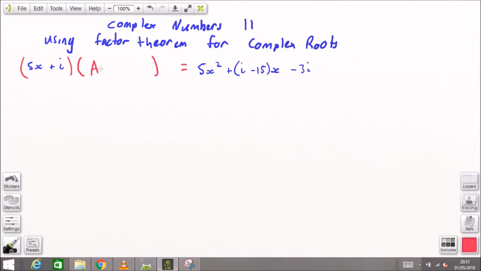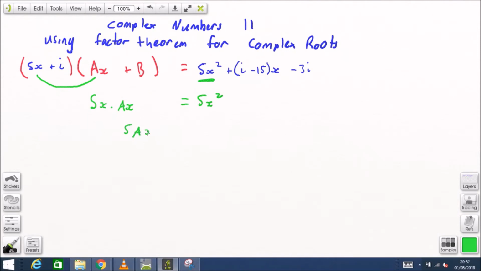But what's the other part going to be? Well, we've got some other linear term, ax plus b. We just got to find what a and b are. Now there's only one squared term on the right hand side, that's 5x squared, and looking at the left hand side, the only place that can come from is when we multiply these two parts. So 5x times ax has to equal 5x squared.